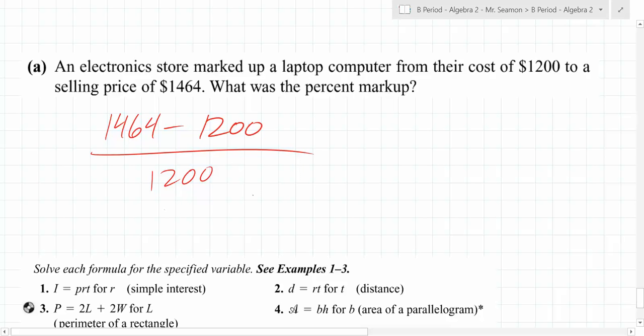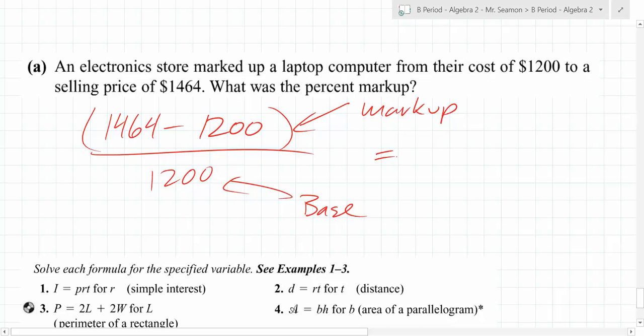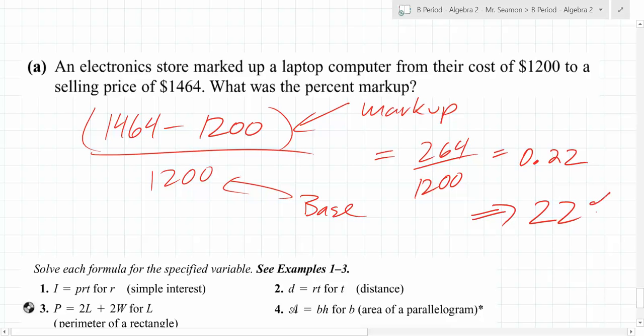Yeah, that right there is the base price. And then what's this? That's the markup. So what's that going to be? 264. Yeah, over 1,200, and that's why you need your calculator. And it comes out to 0.2, keep going. Is it exactly 22? Yeah. It is? Wow, cool. So what does that mean? 22%.